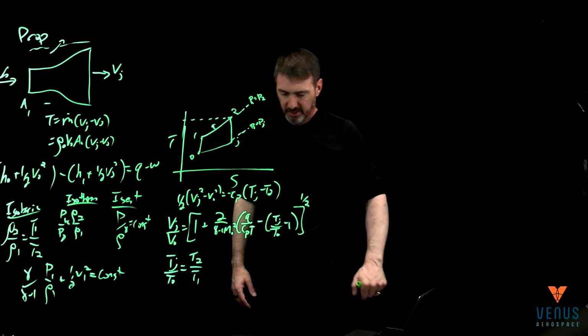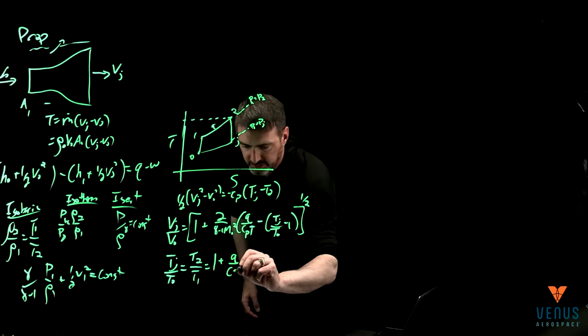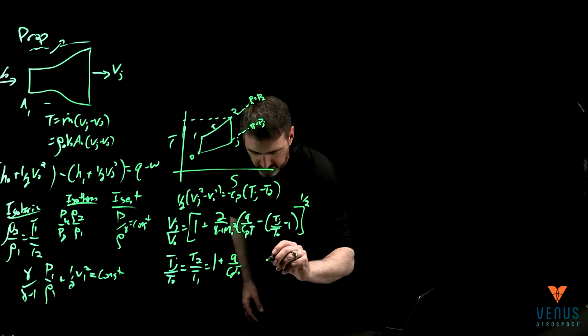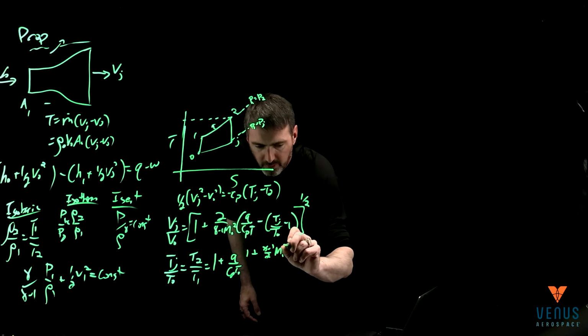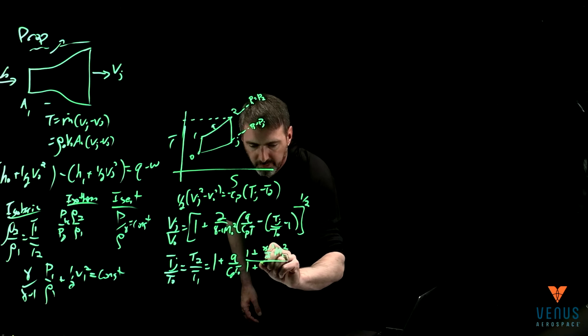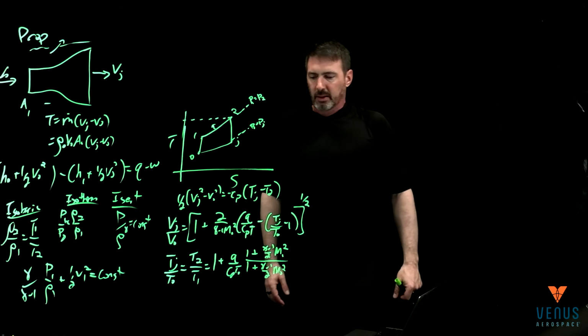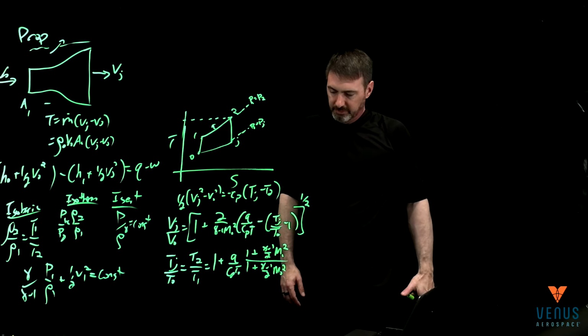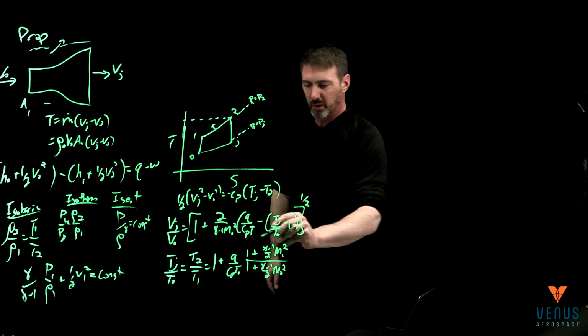And so because of that, we can write this down as 1 plus that heat addition divided by CP T naught, and then 1 plus gamma minus 1 over 2 Mach 1 squared over 1 plus gamma minus 1 over 2 Mach 0 squared. Right? And really we're going to see this one a lot.